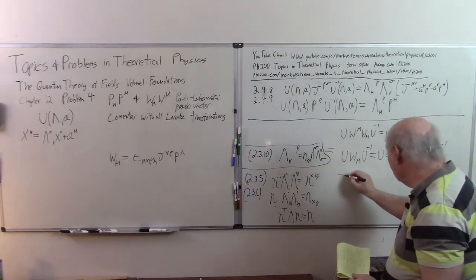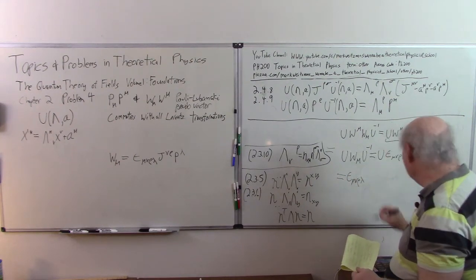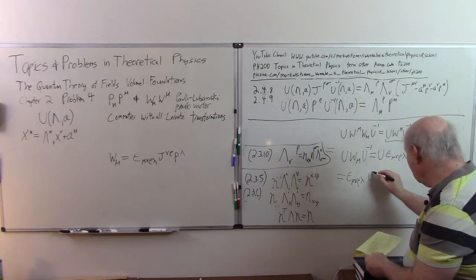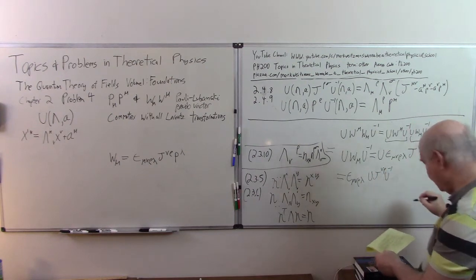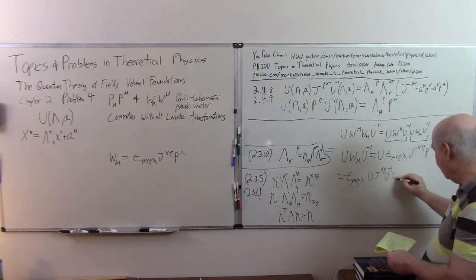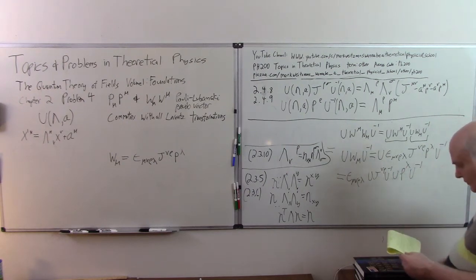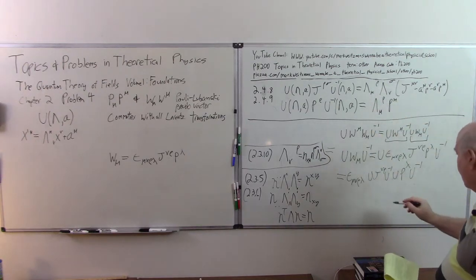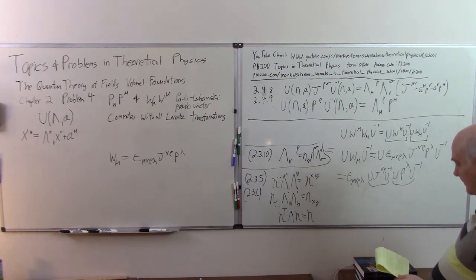So this is equal to epsilon^mu nu rho lambda, now I have U J_nu rho U inverse, and I have U P_lambda U inverse.